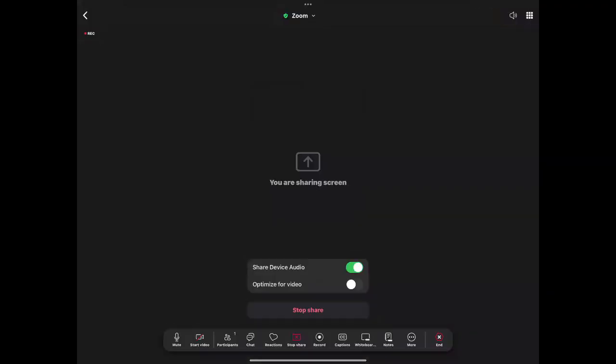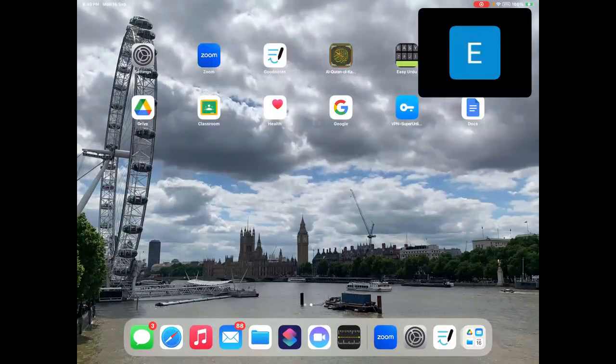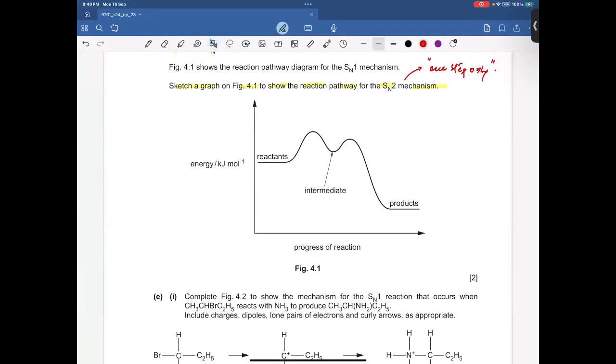So for all SN2 mechanisms, we'll get the one hump graph because the reaction takes place only in one step, if you remember. So what we need to write is, this is the one step reaction, okay?